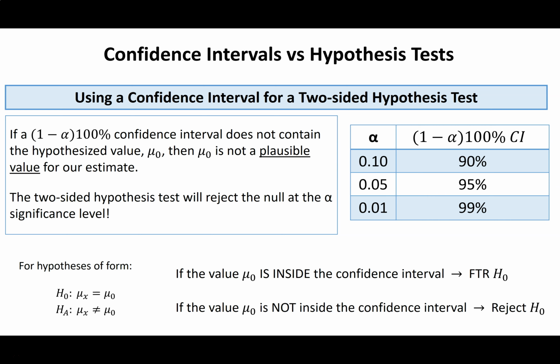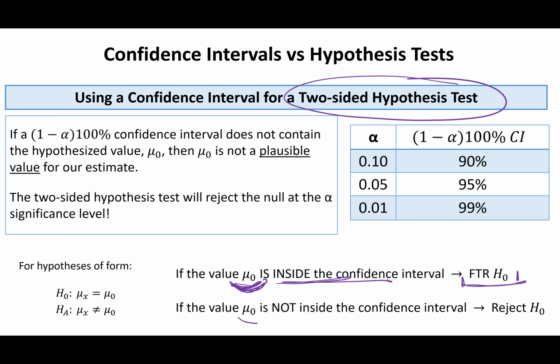You'll note if you add them together, you get 1 or 100%. When you're doing two-sided hypothesis tests, very specifically, if your confidence interval contains the null value, the claimed value, you would fail to reject the null.